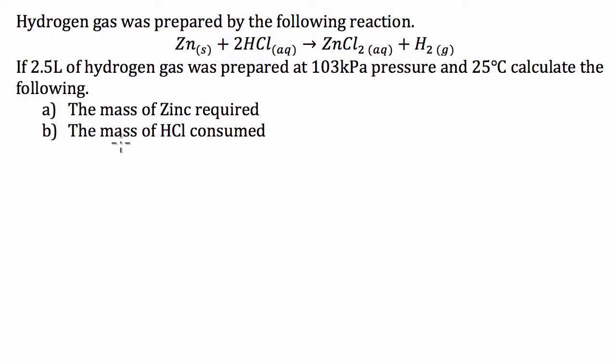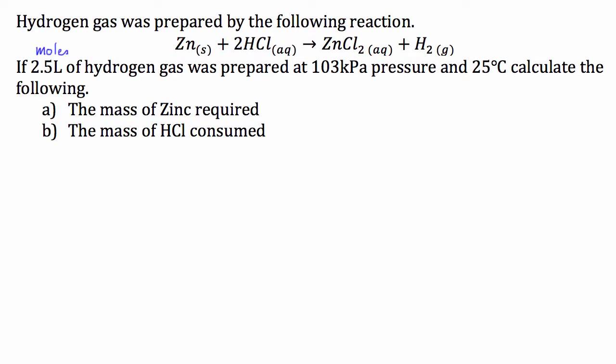Okay, so to do this problem, we're going to have to convert this litres of hydrogen gas into a molar quantity. So this here has to be converted to moles. Now, the only way we can do this with these different pressures and temperatures is using what we call the ideal gas law, which is an equation that states the relationship between pressure, volume, and temperature of an ideal gas or a hypothetical gas.